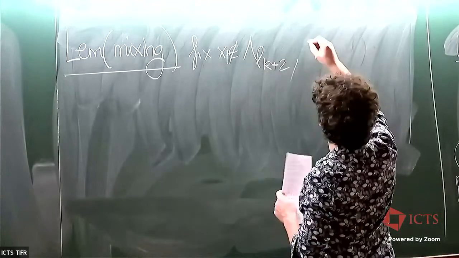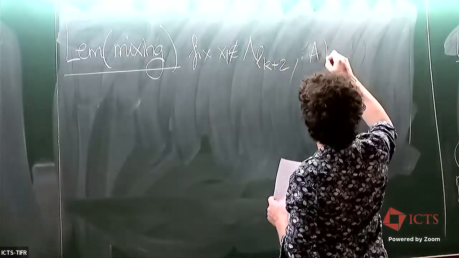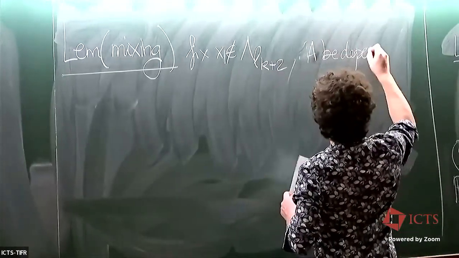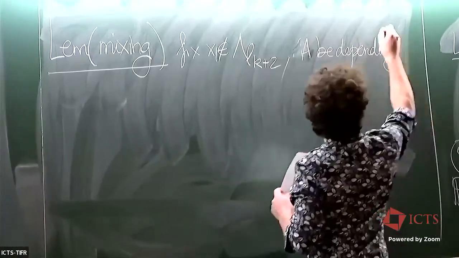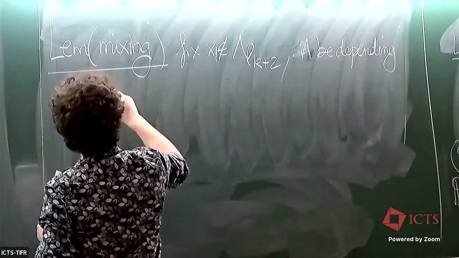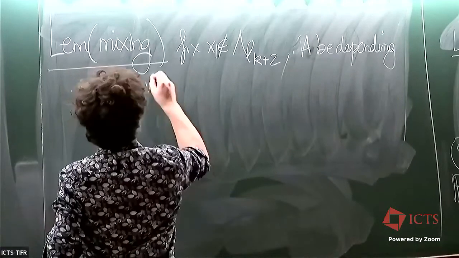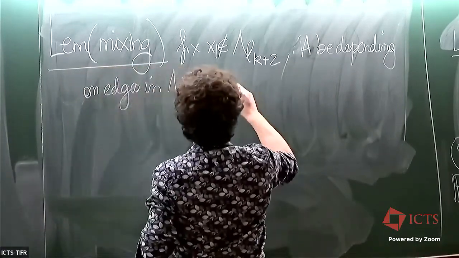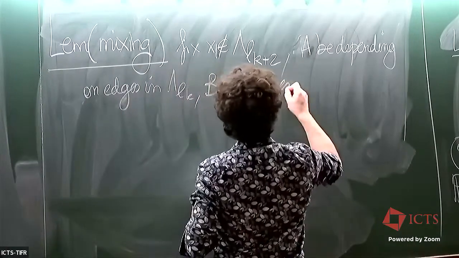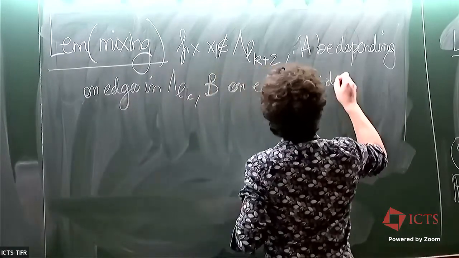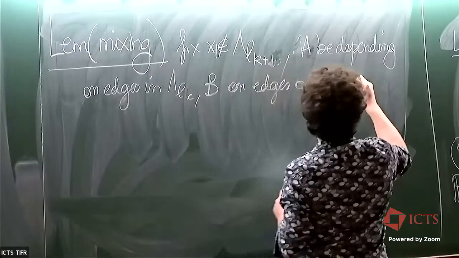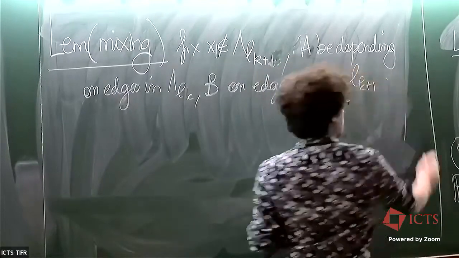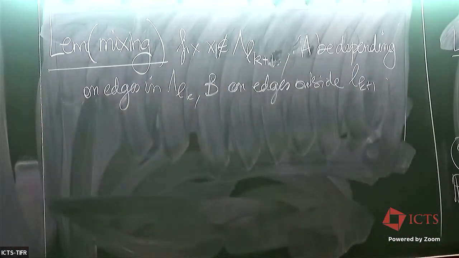And let's say A depends on edges in Lambda L_k, and B on edges outside L_k plus 1. Okay. So A depends on those edges, B on the edges outside.